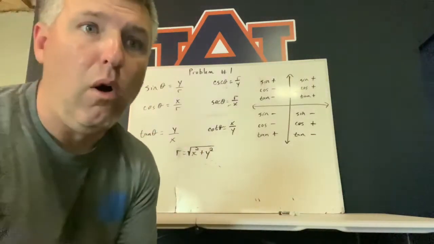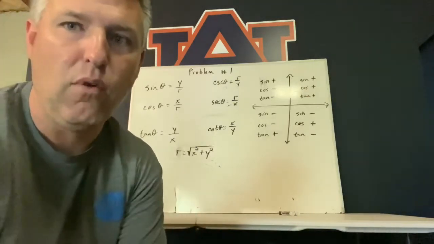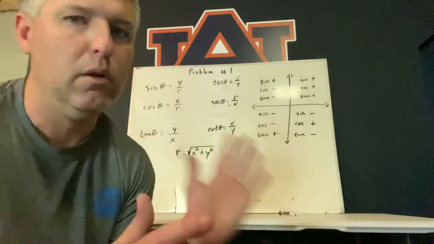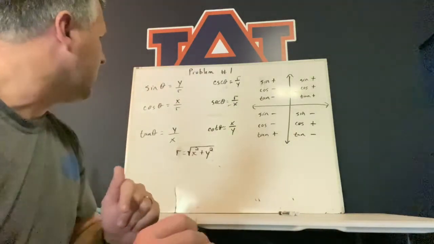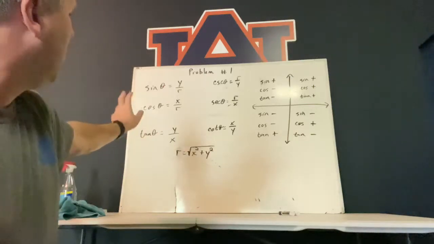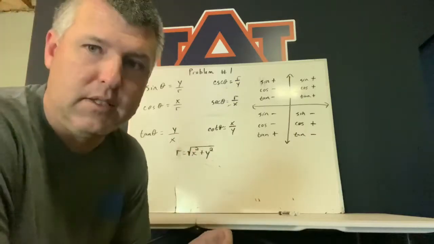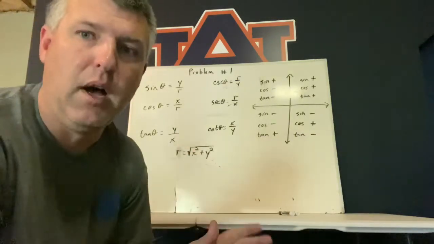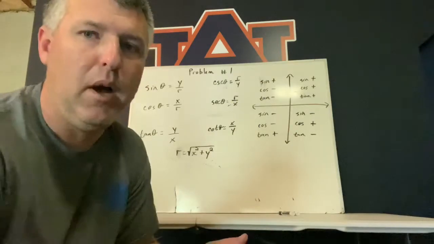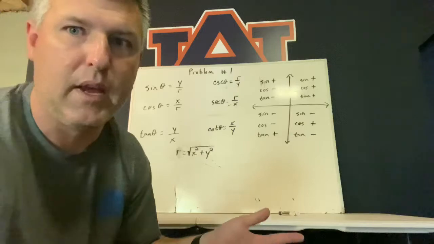Remember, r is the radius, when we graph these in standard form on the coordinate plane, with the initial side and terminal side and all that. R is always positive. And you've got to know where sine, cosine, and tangent are positive or negative.